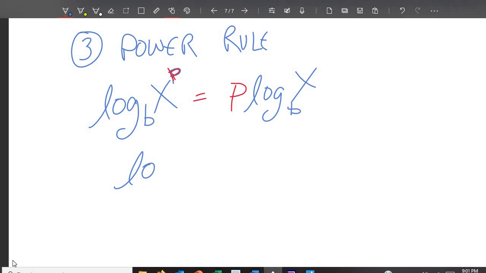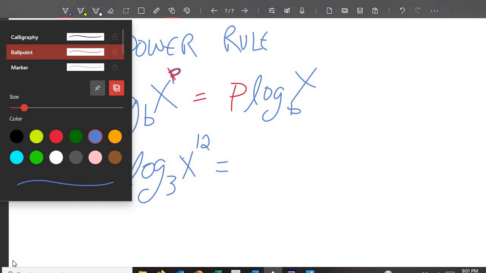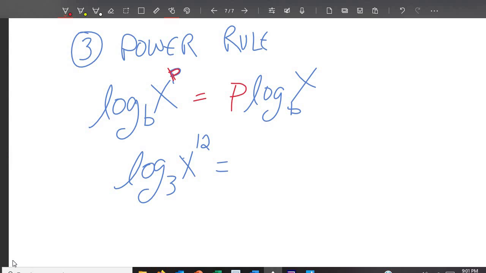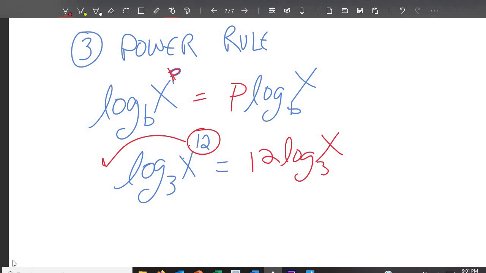Here's a simple example of that. Let's say we had log base 3 of x to the 12th. I can take the 12, put it in front, and that'd be my answer. In this case, that's just the answer. We're just moving the exponent.